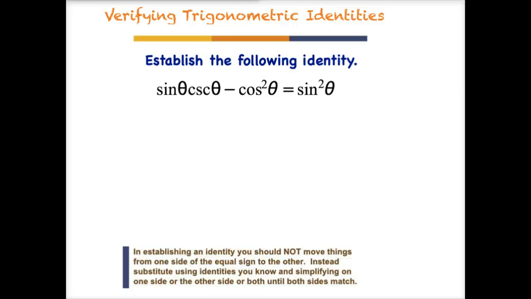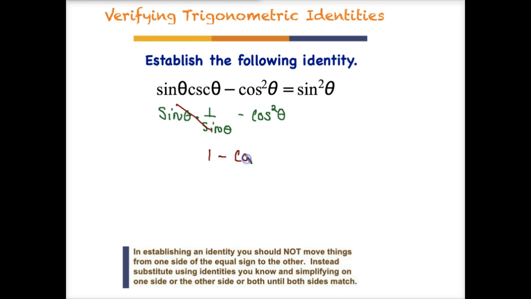Okay, now what would you do? If I'm looking at this identity, I'm saying, well, the left side is definitely more complicated. I also have cosecant in here, which I can change. So let's go ahead and switch cosecant theta into its reciprocal of 1 over sine theta. Now, just like the previous example, I can see where sine theta times 1 over sine theta simplifies into just 1.